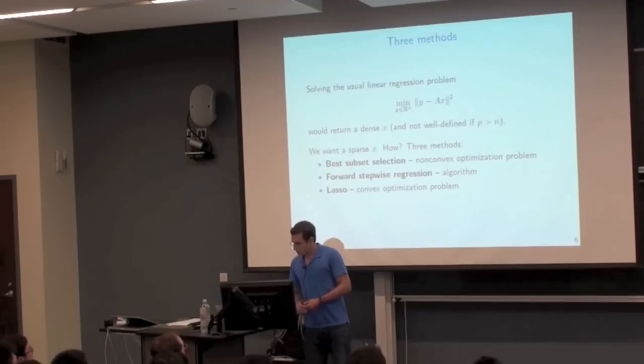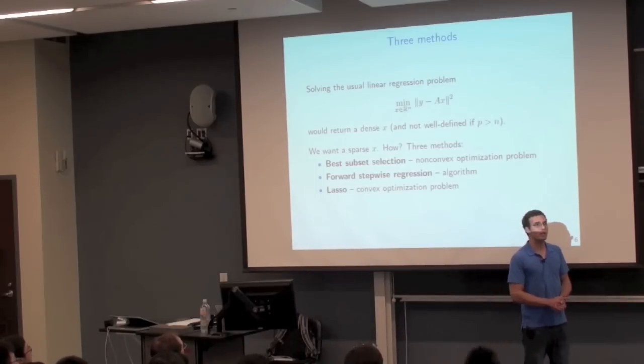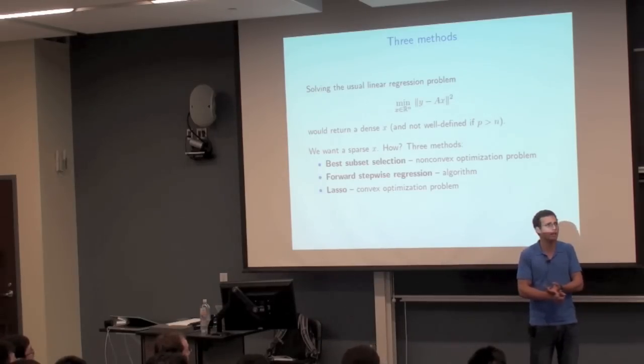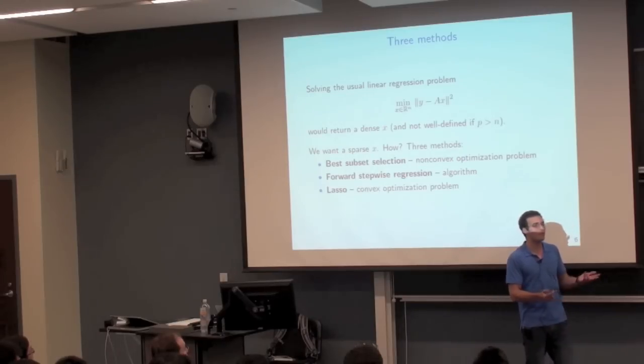So, if I just did regression, if I just minimized the usual regression criterion, the squared error between y and Ax, that would not work, for a couple of reasons. The first reason is that I'm going to get a dense x. I won't necessarily get an x that has zeros in it. And the other reason, which is probably equally important, is that it's not well defined, since n is less than p.